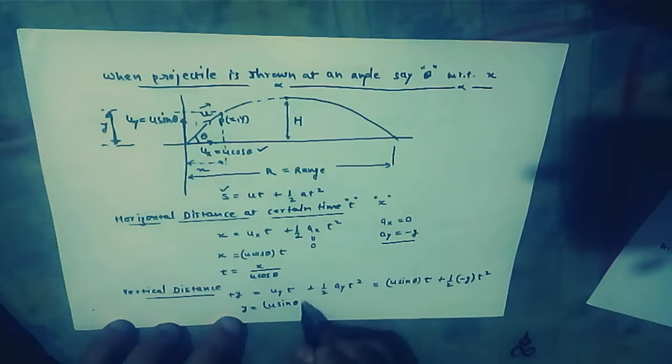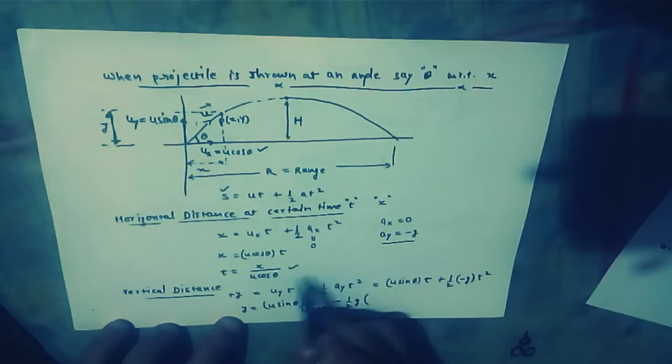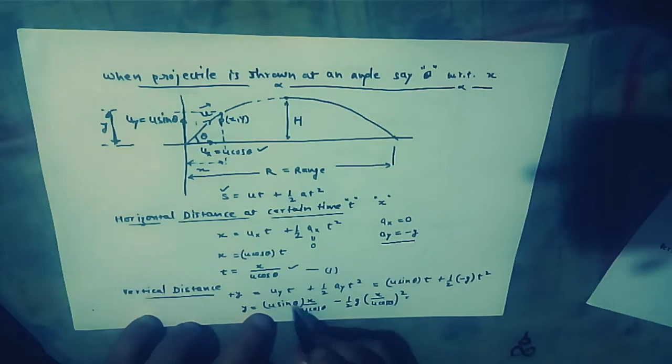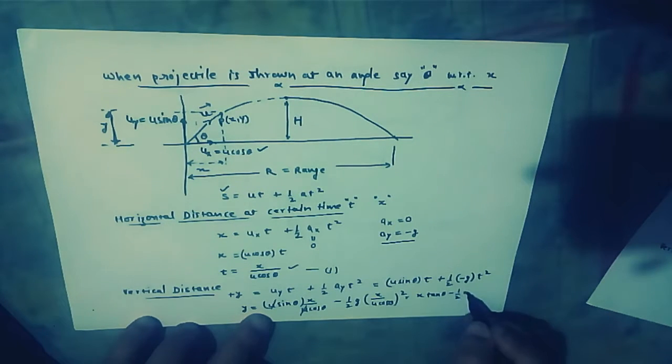If you put the value of t from equation 1, that would be u sin theta times x divided by u cos theta, minus half g times x divided by u cos theta, squared. So u would be cancelled here, and sin by cos theta is tan theta. So y equals x tan theta minus half g x square upon u square cos square theta.